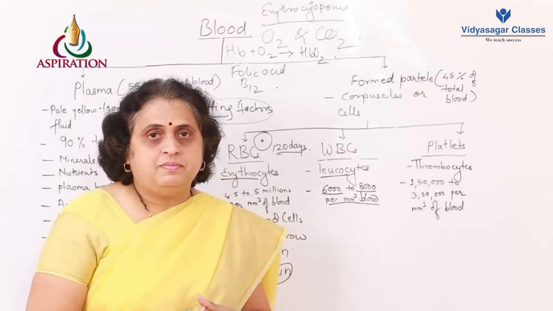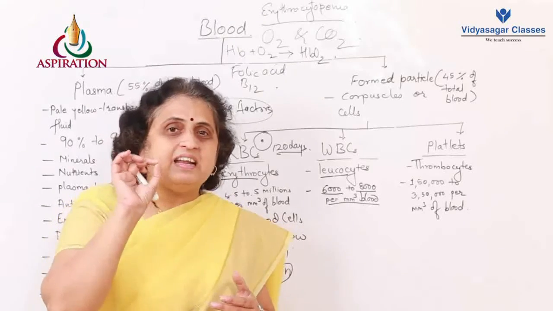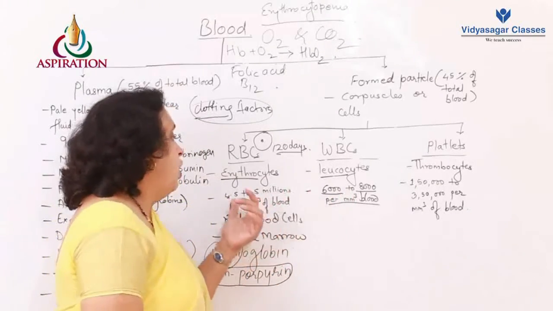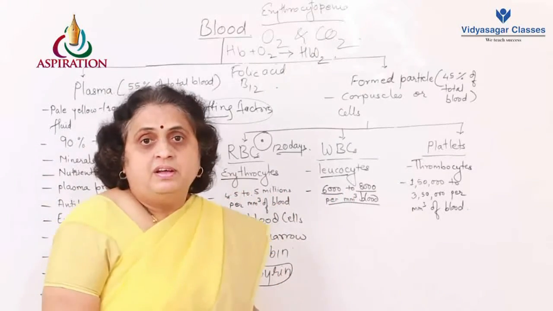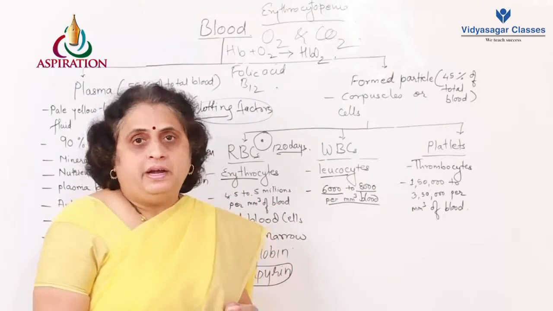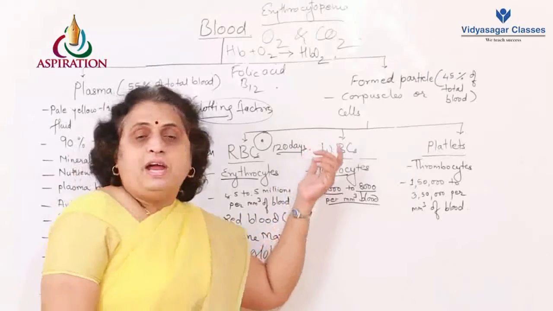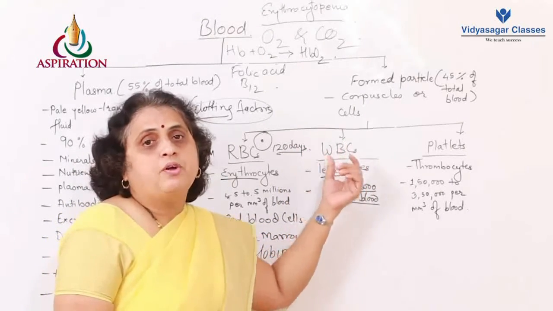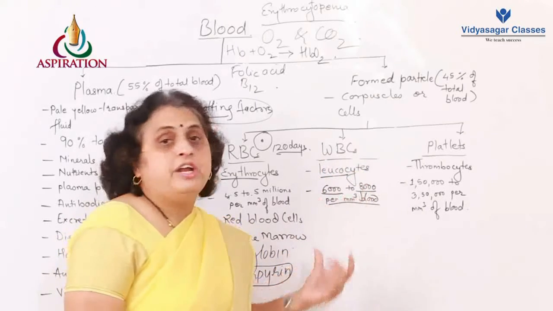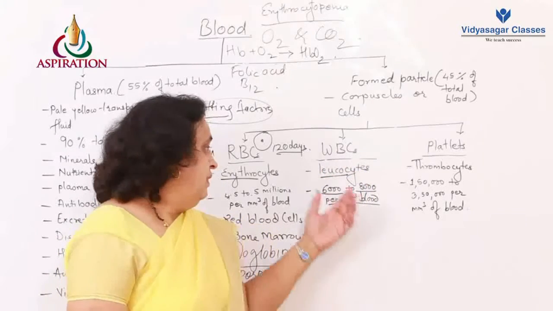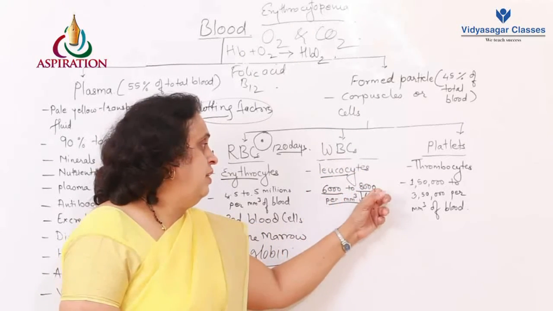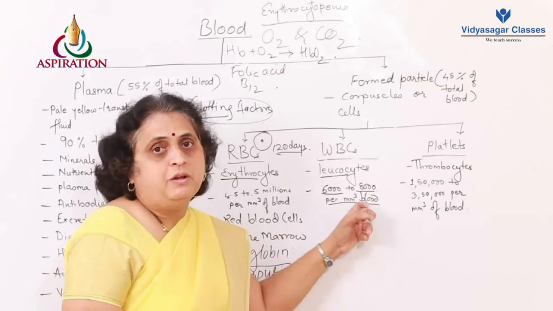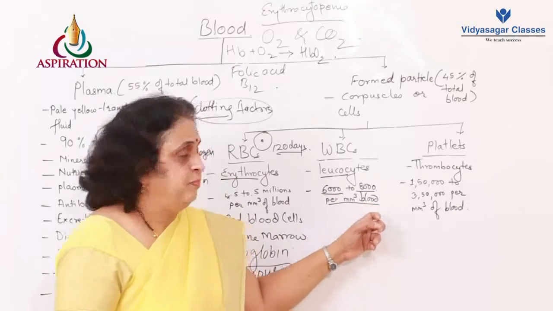RBCs are slightly yellowish in color. But collectively, when I have 5 million or 4.5 million of them, then definitely they appear red. But white blood cells or leukocytes are absolutely transparent.